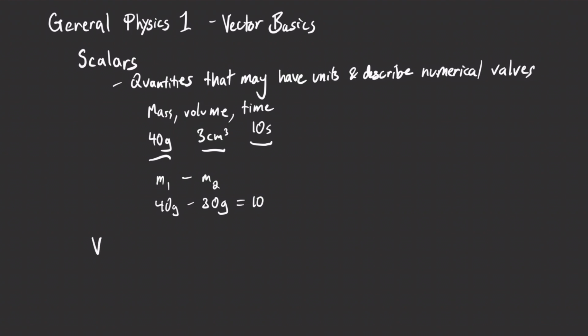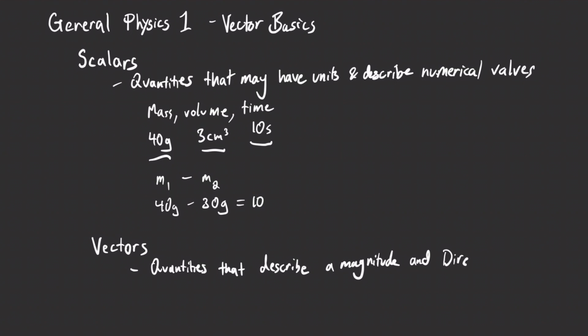So now moving on to vectors. The difference between vectors and scalars is that vectors have both a numerical quantity and a direction. So we can define vectors as quantities that describe a magnitude and direction.